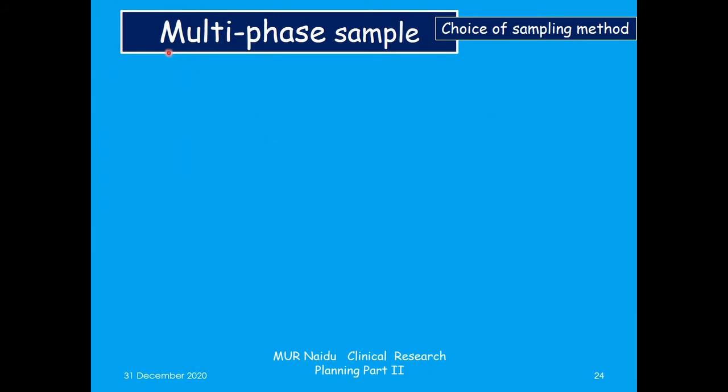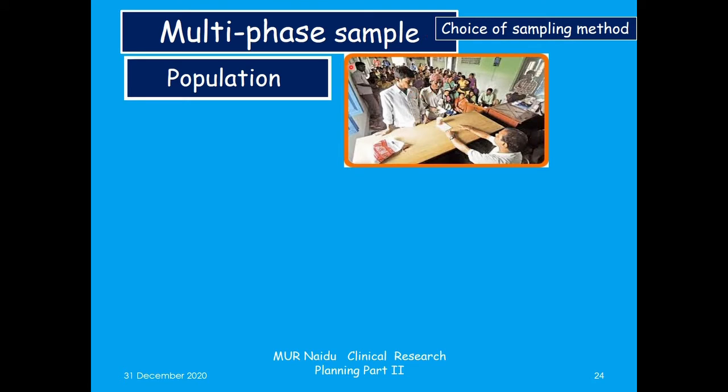Now this is the example of multi-phase sampling. We first identify the population in a particular hospital or clinic.